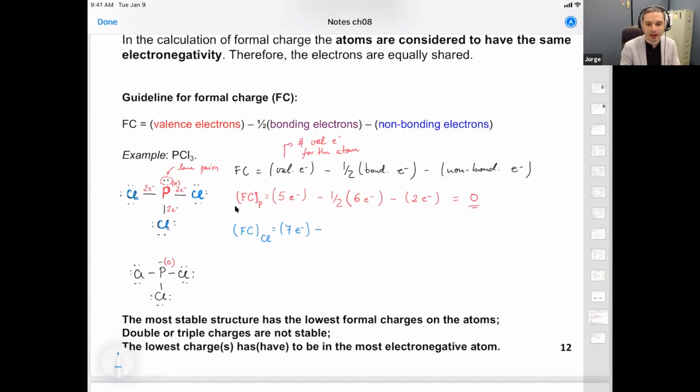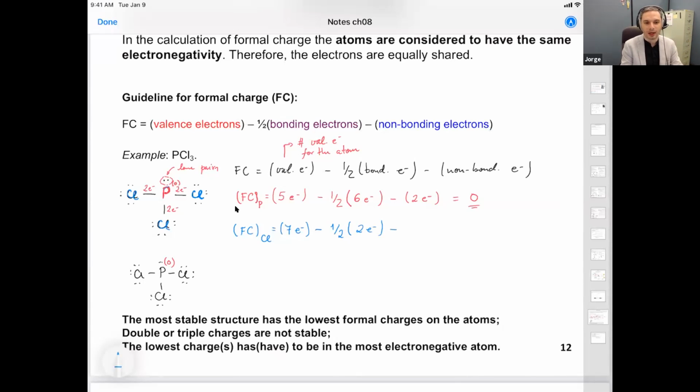From these 7 electrons that chlorine started with, we are going to subtract half of the number of bonding electrons. Again here, chlorine is making 1 single bond with the phosphorus. So I'm just looking at 1 PCl bond here. Each single bond needs 2 electrons, so it's going to be half of 2.